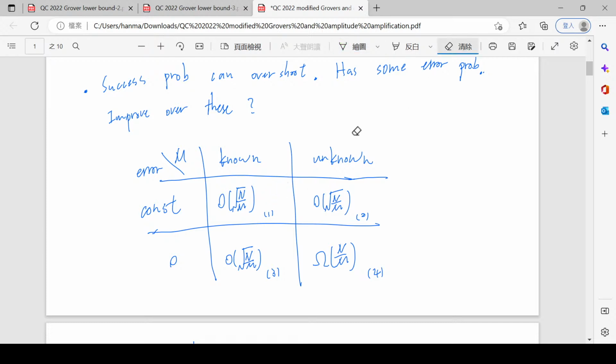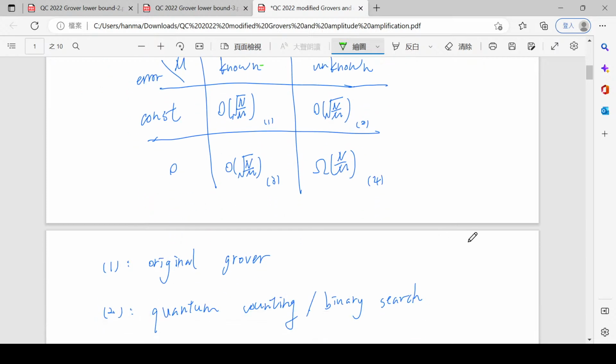And there are three other cases. If you don't know m but only want constant error, then you can still do order square root of n over m. And if you know m but want zero error, you can also do it. But there is a surprising thing: if m is unknown and you want zero error, then you get no Grover speedup.